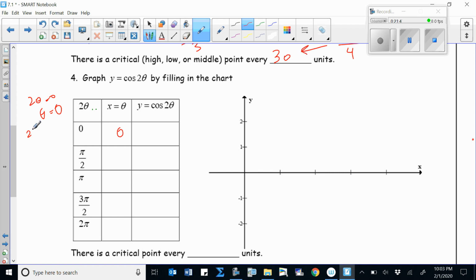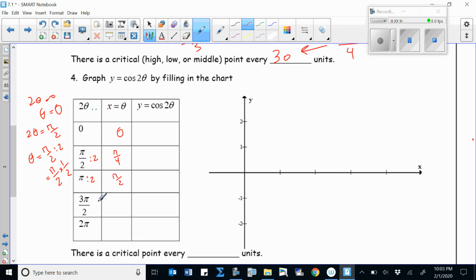If 2 theta is equal to pi over 2, then theta will be pi over 2 divided by 2, which is, because this is a fraction, to divide we multiply by the flip of the second one. It's 1 over 2. So this will be pi over 4. So we need to divide each of these values by 2 to get the x value.